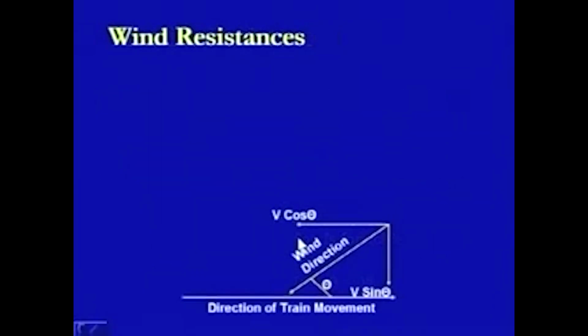Now there is another case, the wind resistance. In the case of the wind resistance, it is going to be defined by certain factors like the wind velocity, the direction of the wind, and the type of movement of the train with respect to that.